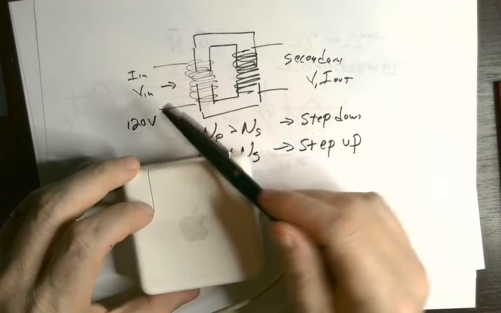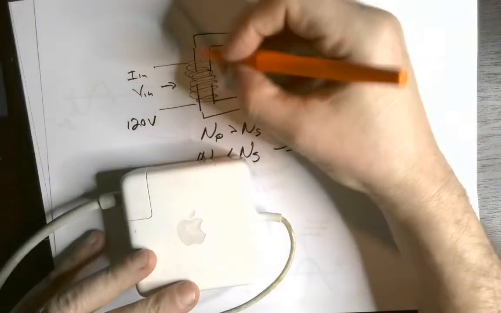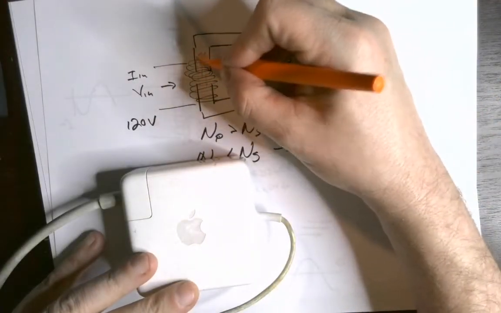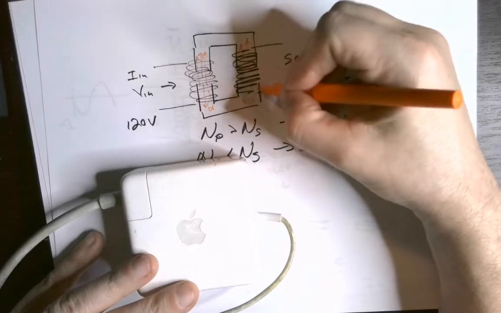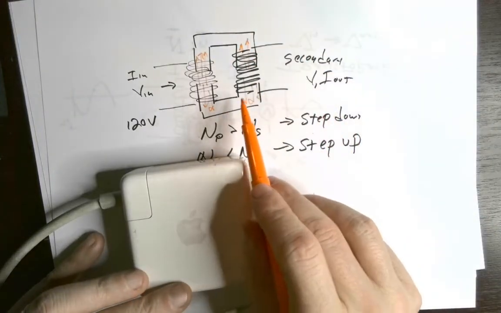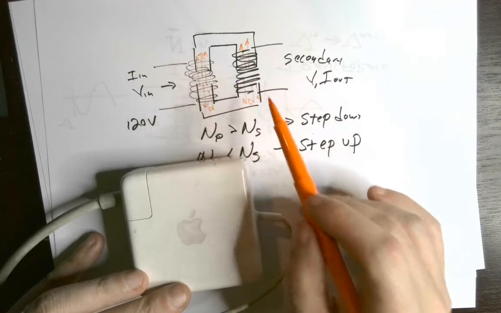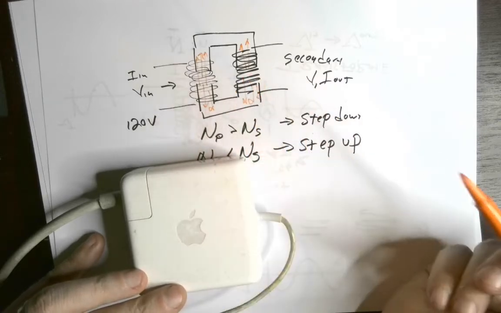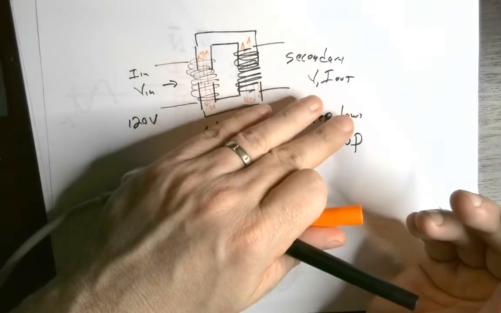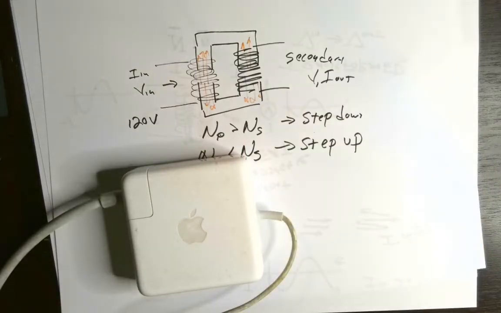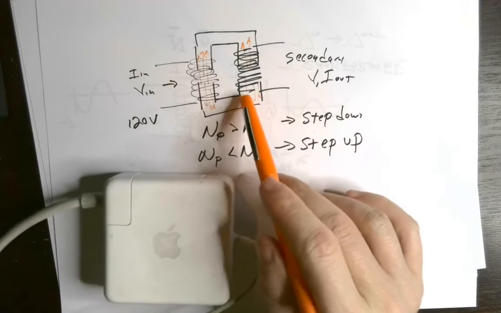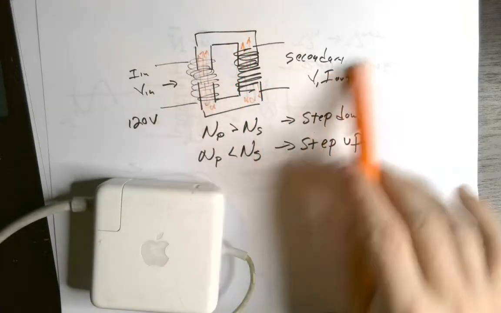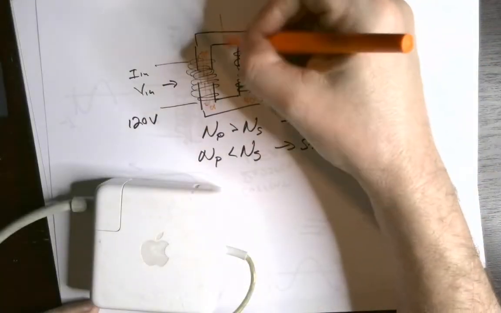And all of this changing magnetic field inside this metal core of the transformer, all of that energy that goes in is transformed into heat. And so these transformers tend to get warm as they work over time. The other interesting thing to notice about a transformer is these two halves are not electrically connected to one another.